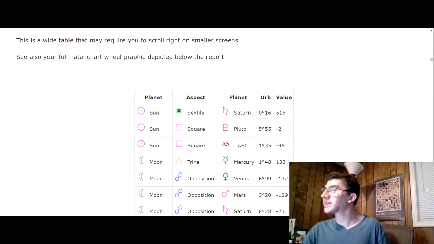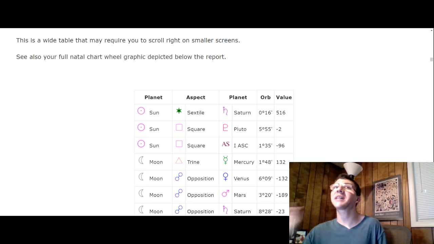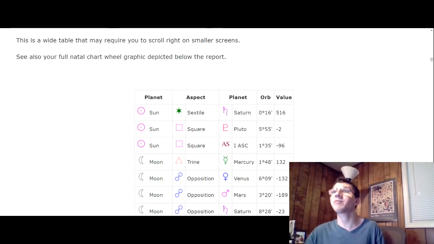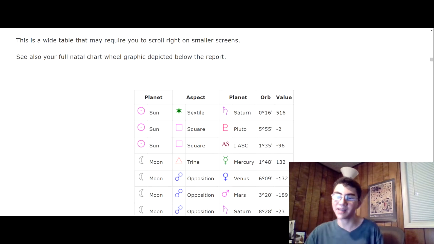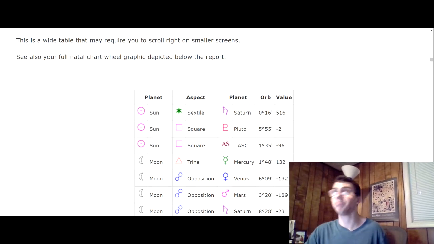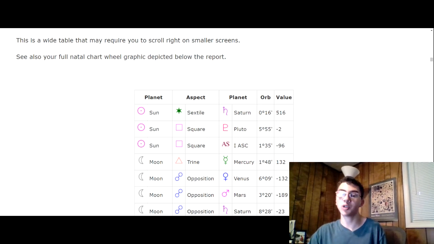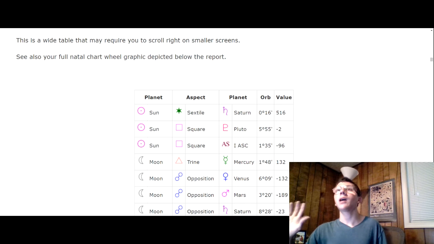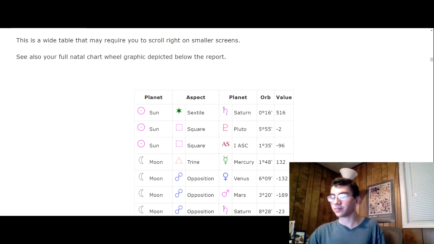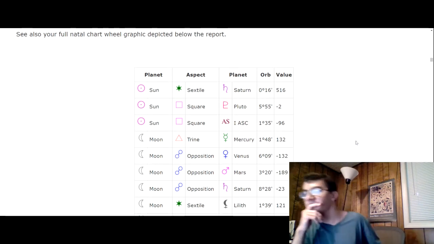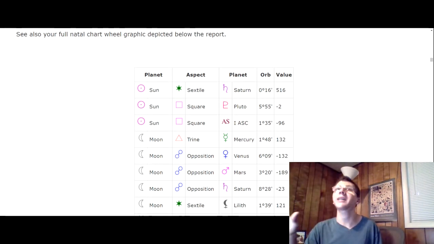But 0 degrees and 16 minutes, it's still exact, but not exactly exact. It doesn't have to be exactly exact. But when you say that 0 degree point, then that conjunction is exact, basically speaking.